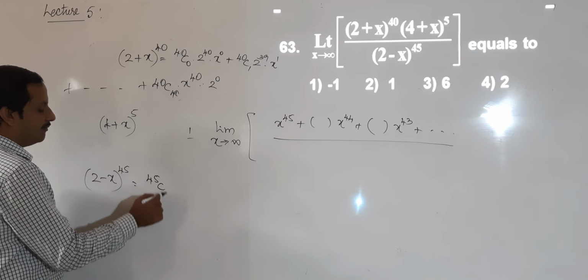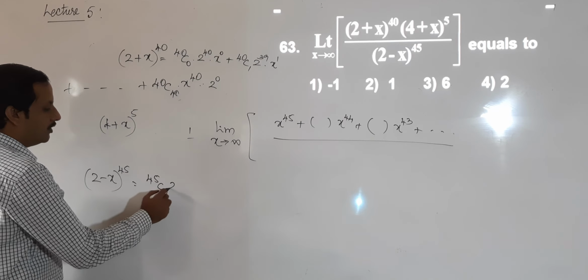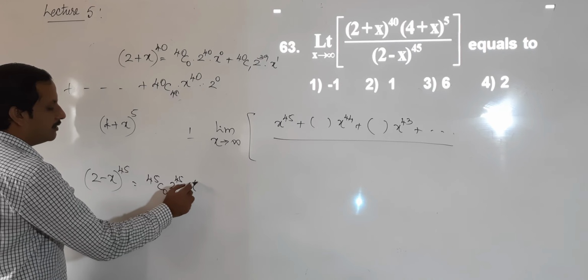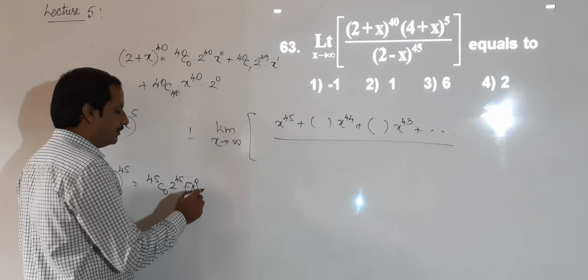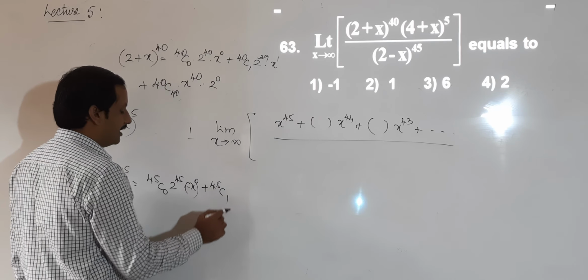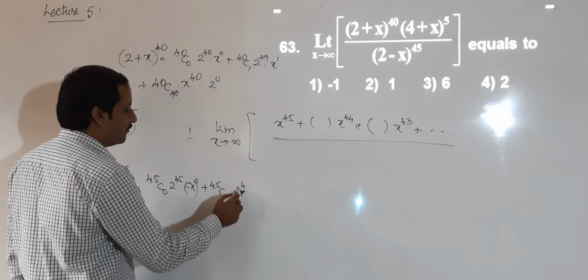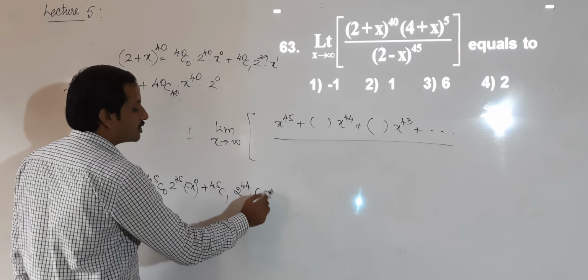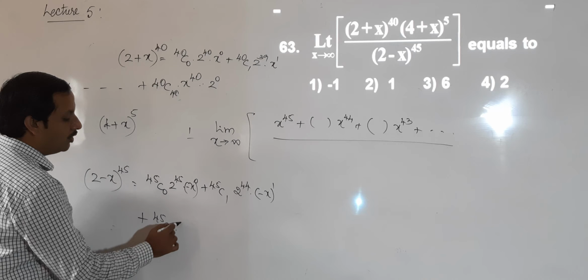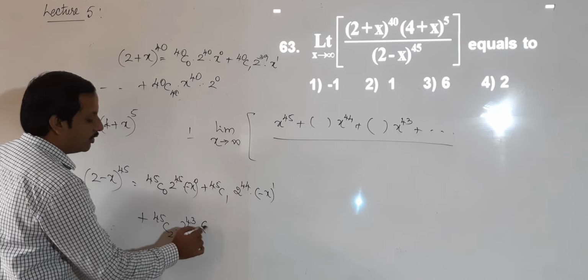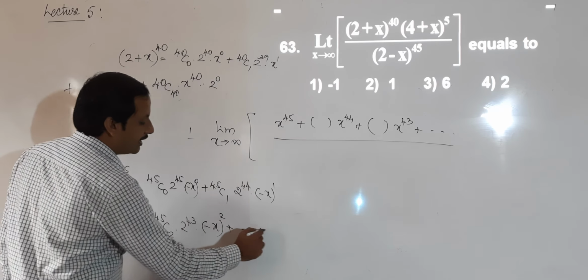Its expansion will be like this: 45c0, 2 power 45 x power 0, or let me say minus x to the power 0, plus 45c1 2 to the power 44 into minus x to the power 1 plus 45c2 2 power 43 into minus x whole square, etc.